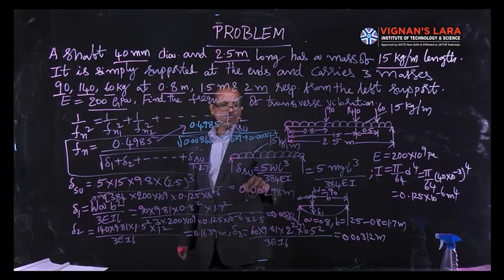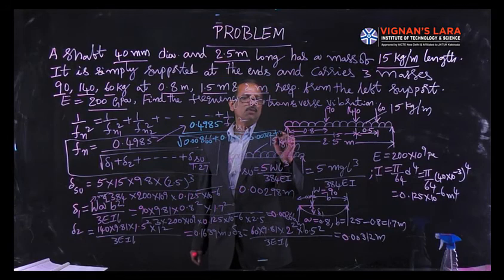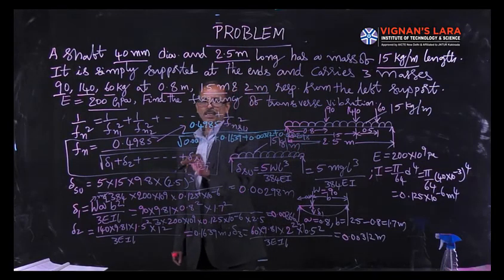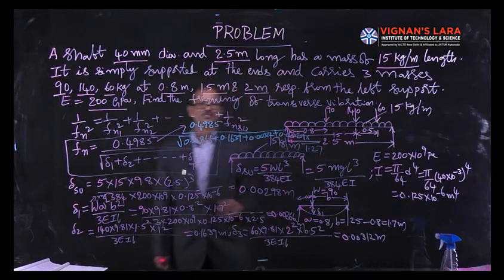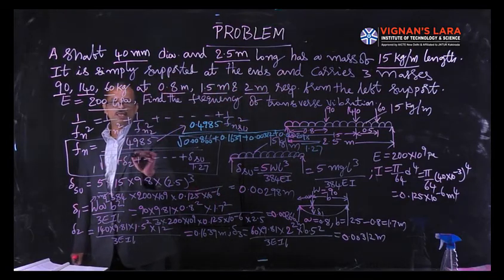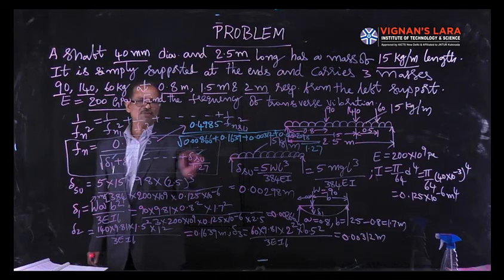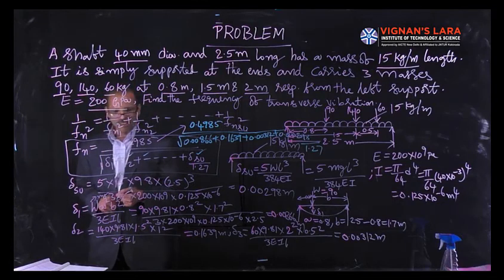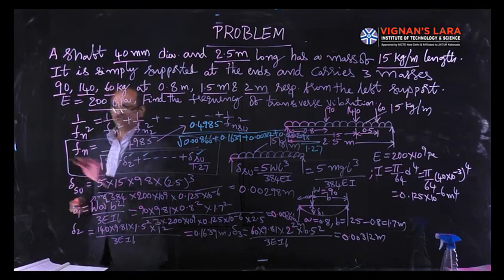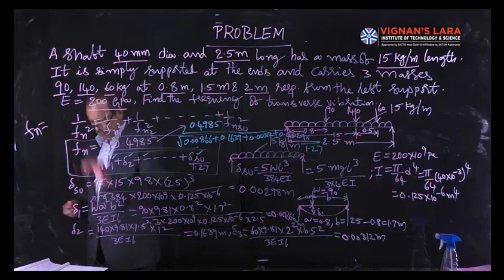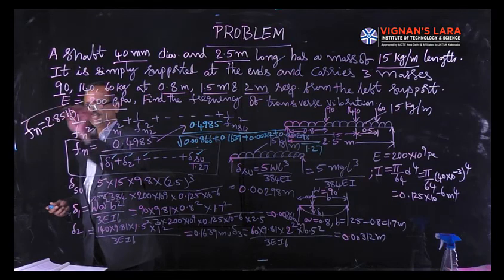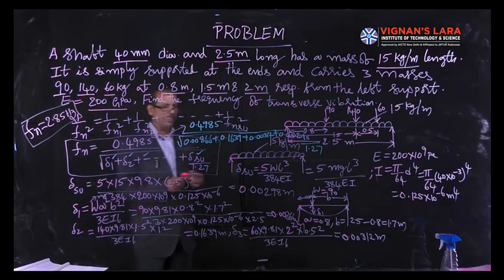First one, 0.00298. So 0.00298 by 1.27. So substitute delta 1, delta 2, delta 3, so on, delta SU by 1.27, and calculating this, you get Fn is equal to 2.85 Hz.